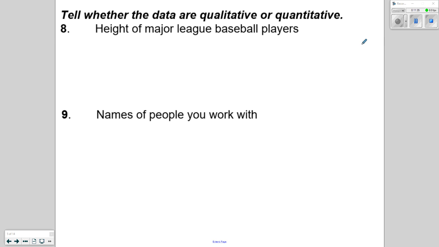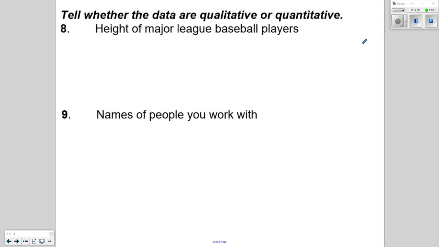All right, now we're getting into more of the data distribution and data displays. So first, let's tell whether the data are qualitative or quantitative. So height of Major League Baseball players. The key part in determining this is that quantitative means it's an actual measurement, whereas qualitative are more like descriptors describing the data set.